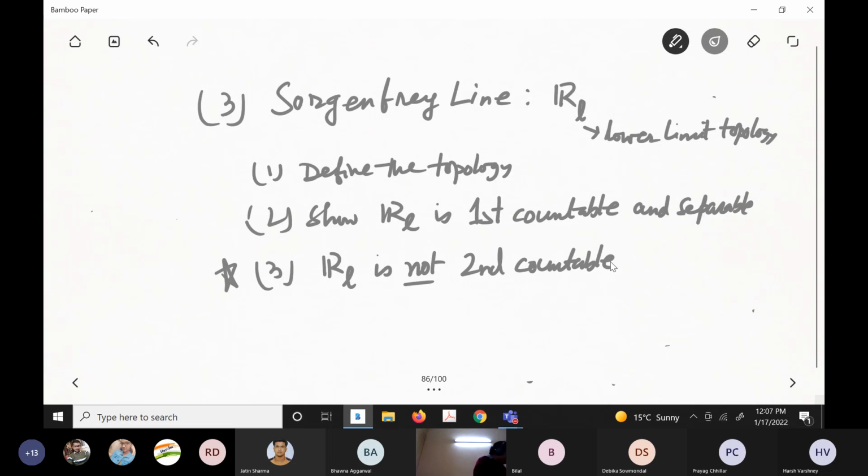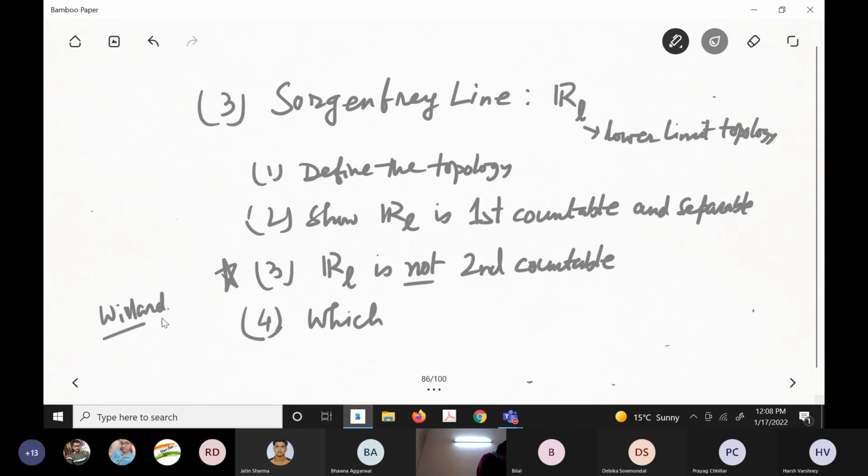I'm giving you one more problem here. Let me see whether I can find it. It's in the wheel somewhere. Yes. I'm taking this problem from Willard.